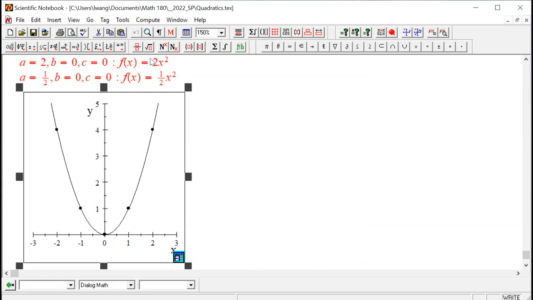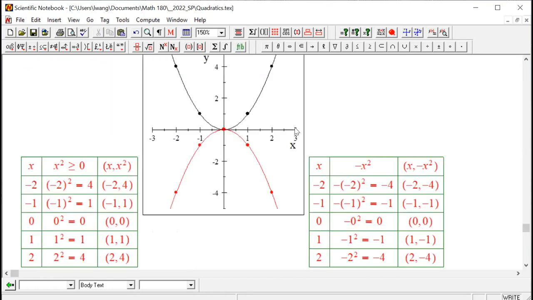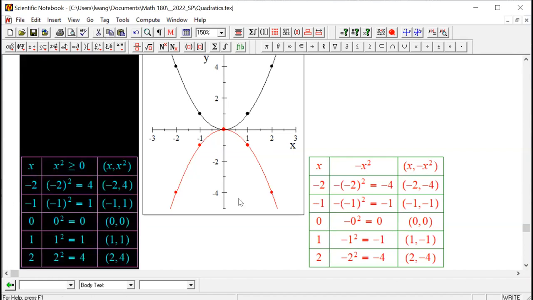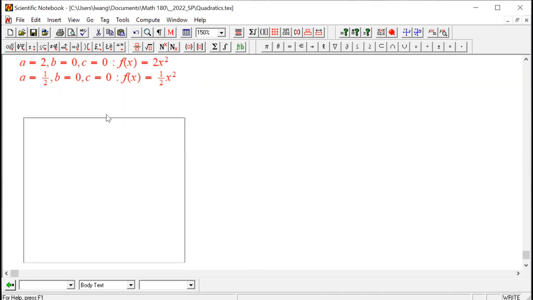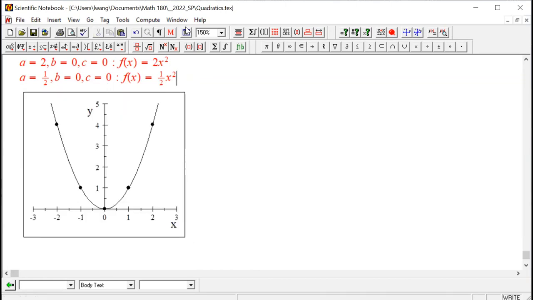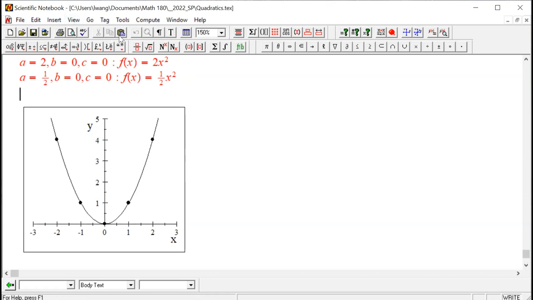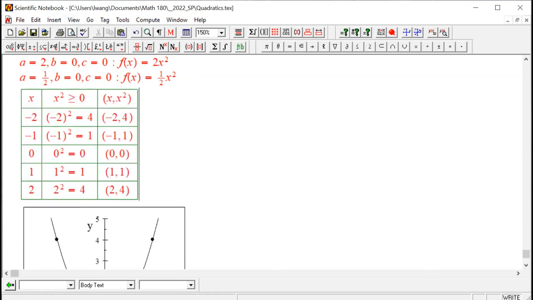What would we like to see? What will be 2x squared? What will be half x squared? So how does it look? We have the table for x squared. Now we're going to keep that table and add to it.